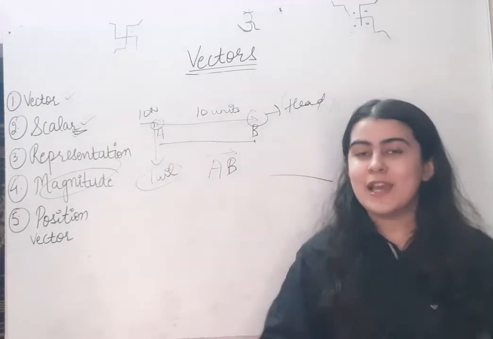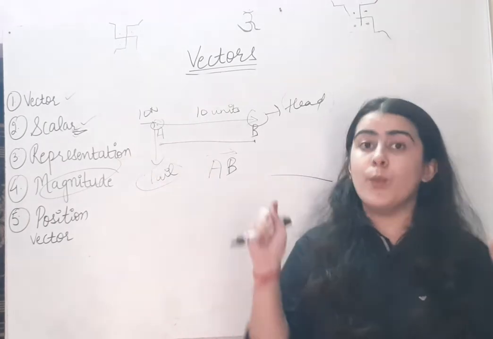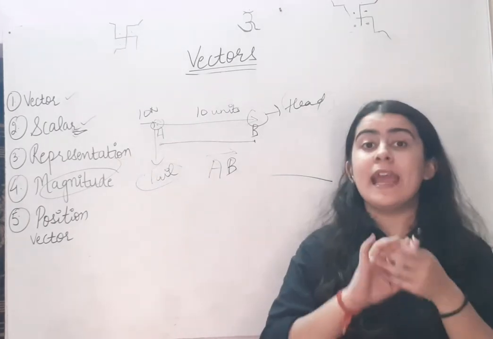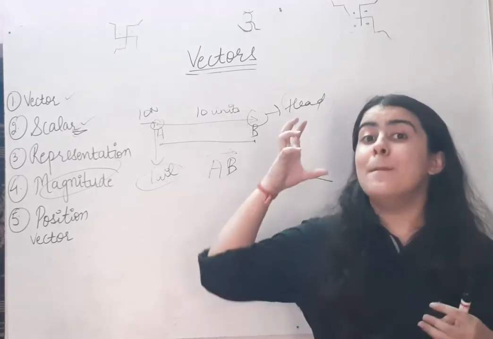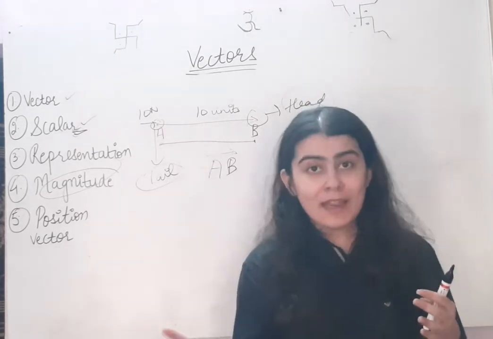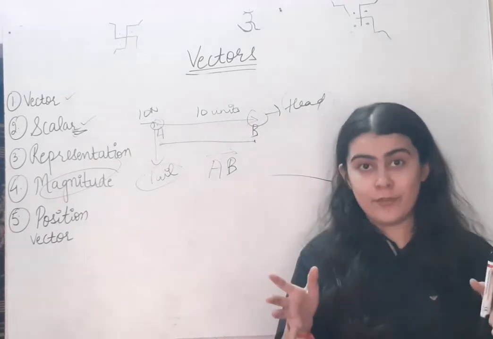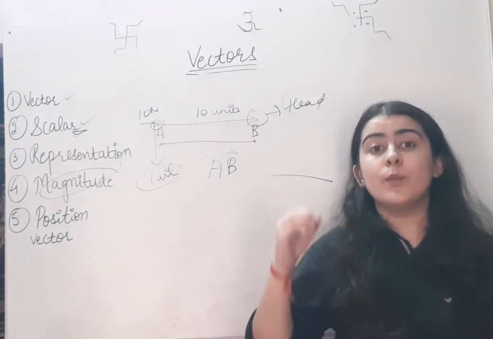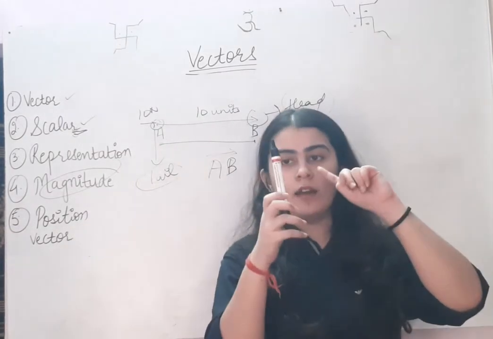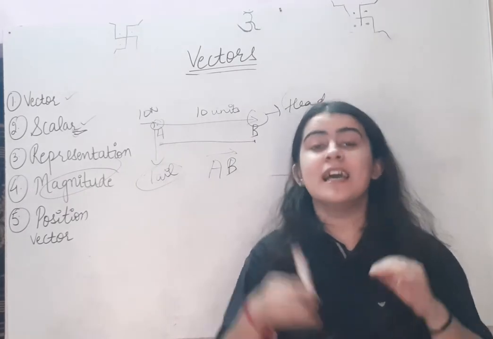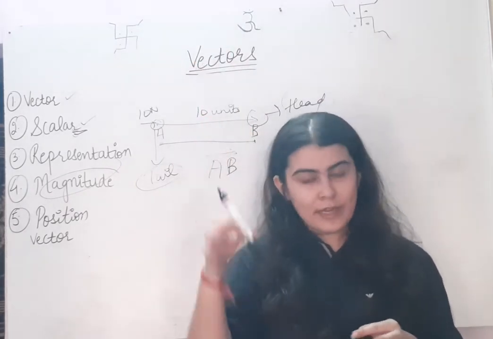Magnitude means the measure, the length, the weight, anything which is measurable is a physical quantity and that measure is known as the magnitude. For example, what is my weight? Suppose my weight is 50 kgs, then the magnitude of my weight is 50 kgs. The weight of this marker is 10 grams, then the magnitude of this marker is 10 grams.